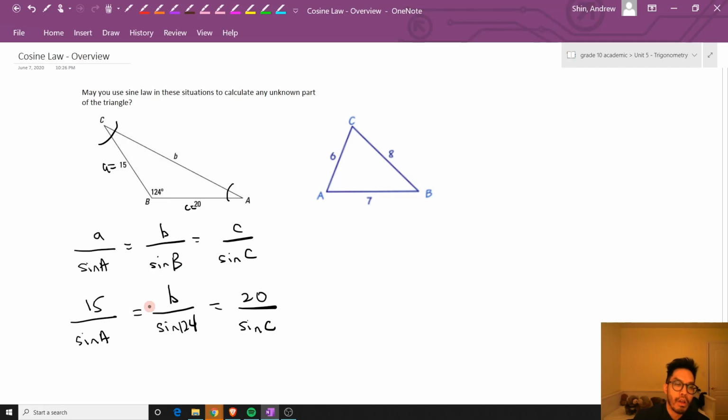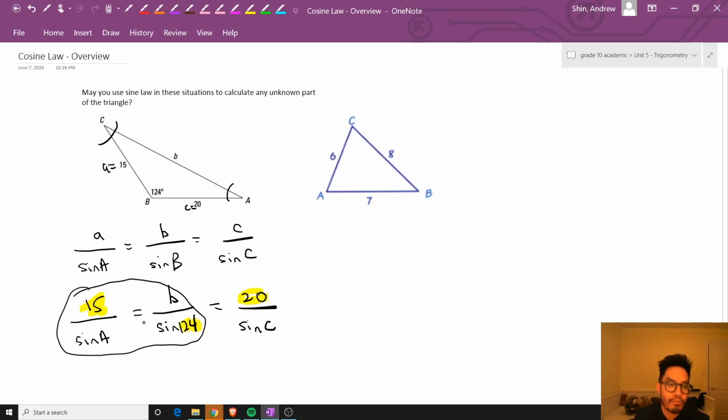Now, can we use sine law here? Well, this is a number, but this is unknown. This is a number, but little b is unknown. This is a number, and this is unknown. No matter which two expressions we choose, let's say I choose to use these two, if I combine these two, I'm going to have two unknowns. I can't solve for b and a at the same time.